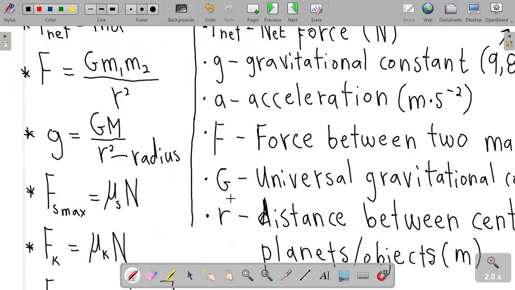And the unit of measurement is the same, so it will also be in meters here, just as the unit of measurement is the same for force and for the gravitational constant.